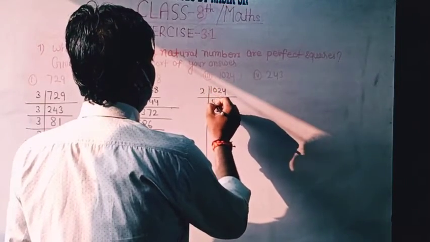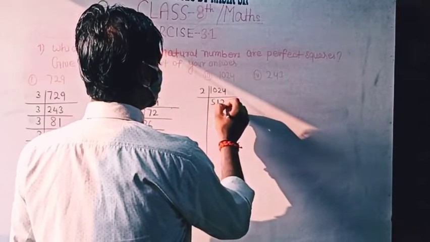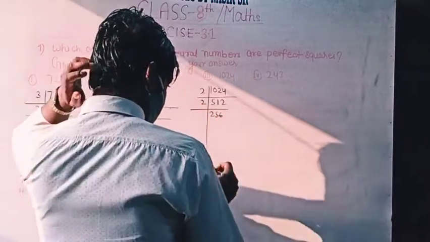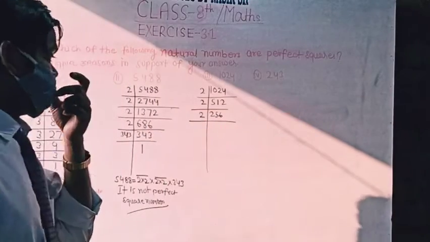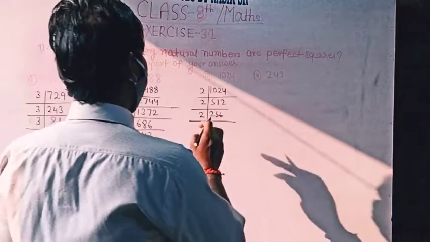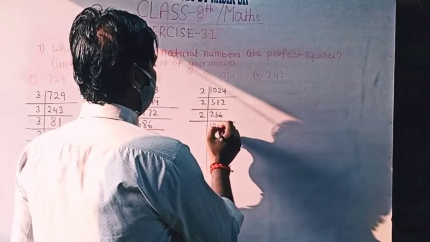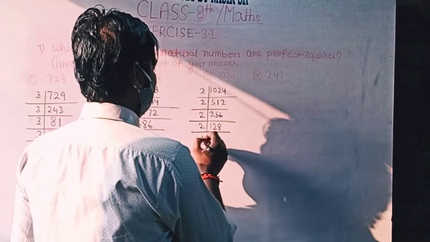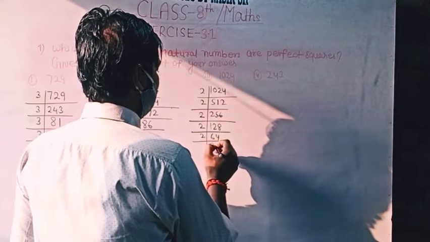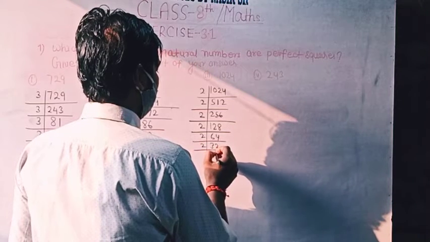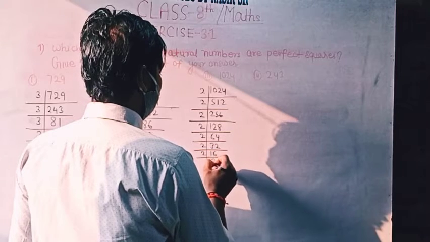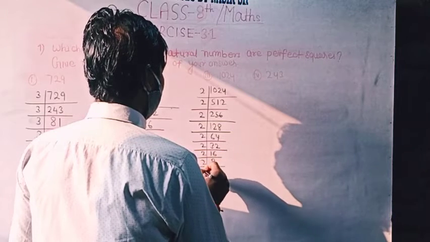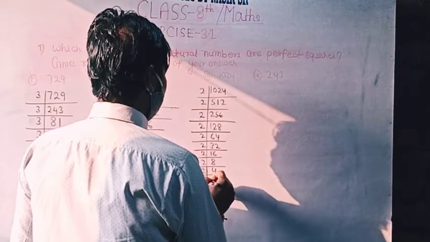This is divided by 2, giving 512, then 256, then 128, then 64, then 32, then 16, then 8, then 4, then 2, then 1.